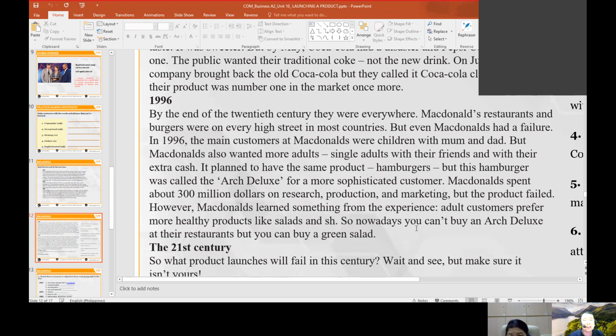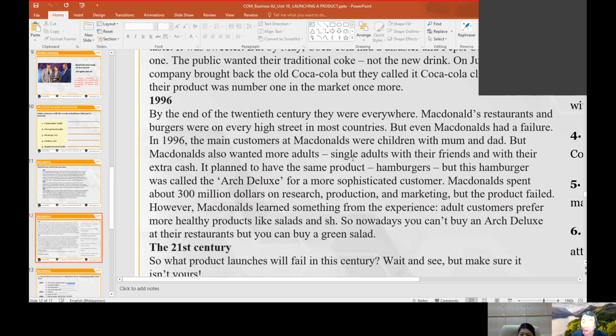So nowadays you cannot buy an Arch Deluxe at their restaurants, but you can buy a rich green salad.